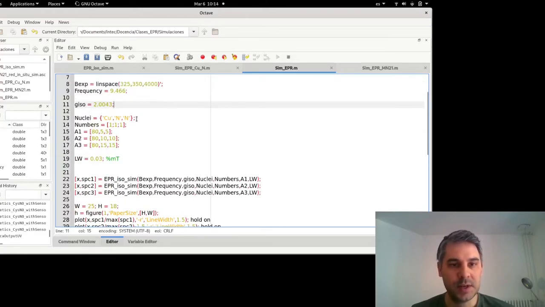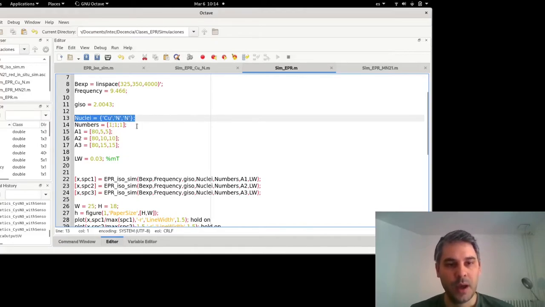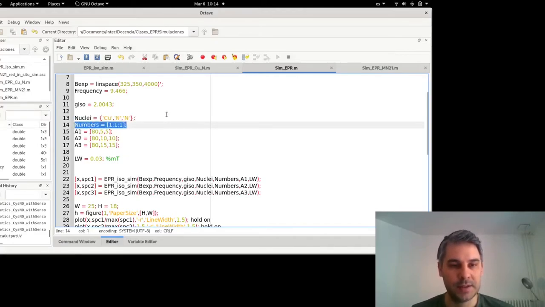So we will start with a set of 3 nuclei, copper and 2 nitrogens, and I have included this line here that says numbers. That would be the number of equivalent nuclei. So we have 1 copper and 1 nitrogen of a given hyperfine splitting value and another nitrogen of that hyperfine splitting value.